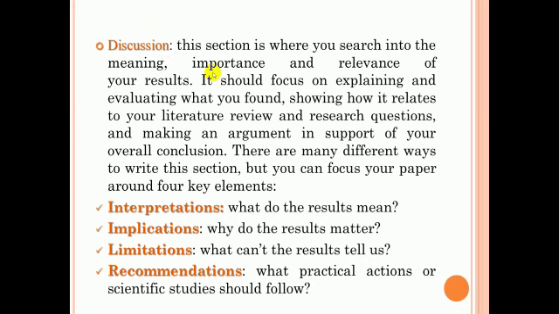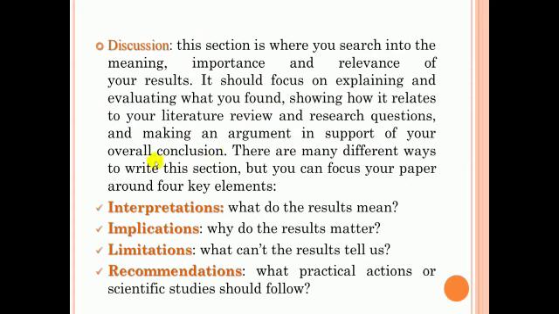It should focus on explaining and evaluating what you found, showing how it relates to your literature review and research question, and making an argument in support of your overall conclusion.